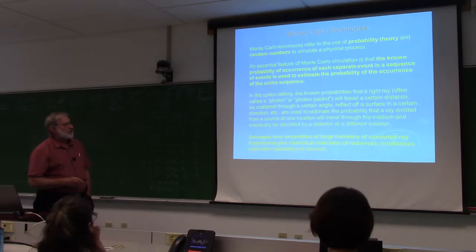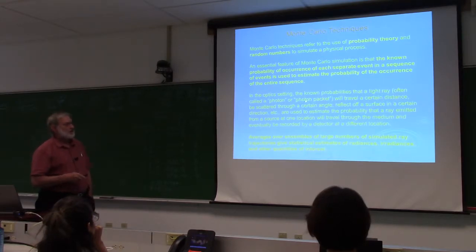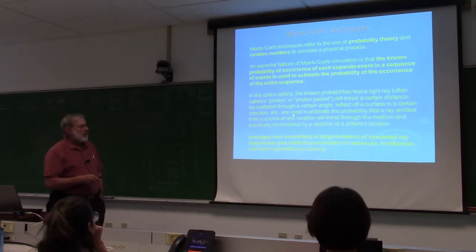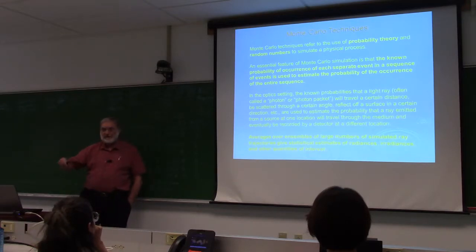So in optics, as I said, we talk about light rays. If you read the literature, people will talk about photons or photon packets, but it's all the same sort of thing, going a certain distance, being scattered and so forth. And then you run this scenario often millions and millions of times.